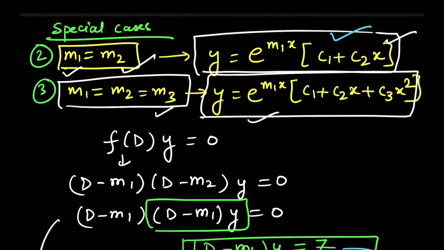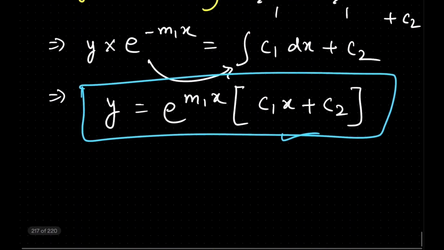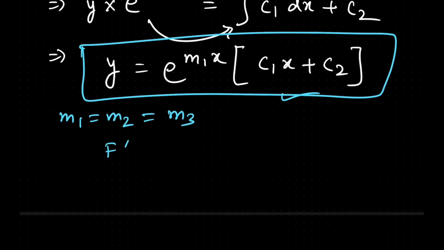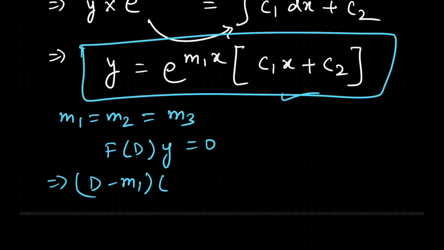Using this only, we will derive what will be the solution if the three roots are equal. Now if three roots are equal, m1 is equal to m2 is equal to m3. In that case f(D) into y can be written as D minus m1, D minus m1, D minus m1 into y is equal to 0. Again similarly we will assume this as z.